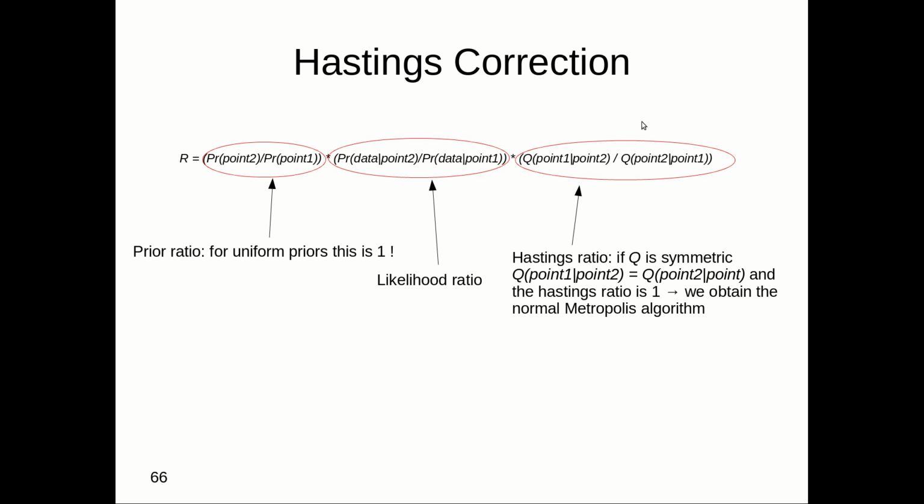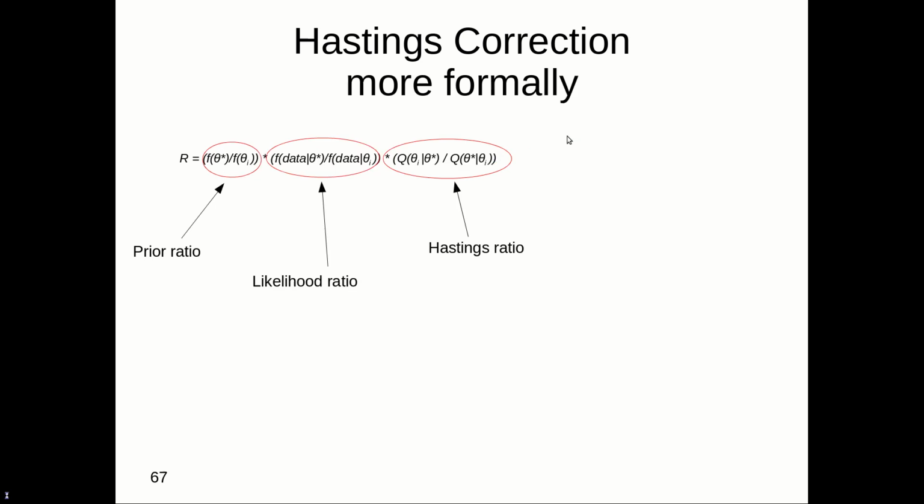If it's not symmetric, we get another factor by which we need to multiply. More formally, using probability density function notation, our acceptance ratio R is a prior ratio, the likelihood ratio, and the Hastings ratio for the new proposed point theta star and the current sample theta i.